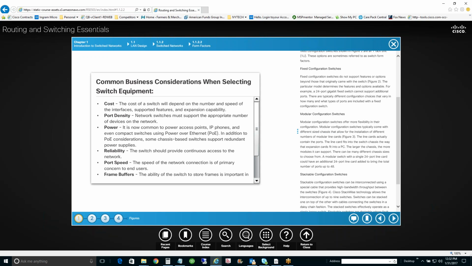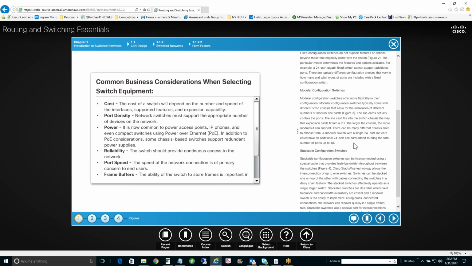They're relatively inexpensive, on the low end of the switch spectrum. Modular configuration switches are a little more advanced. They give you some flexibility with line cards to allow you to mix and match different interfaces and speeds in the same chassis. So modular configuration switches are more expensive, but they do give you more flexibility.